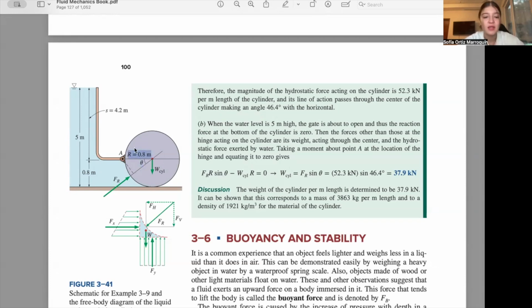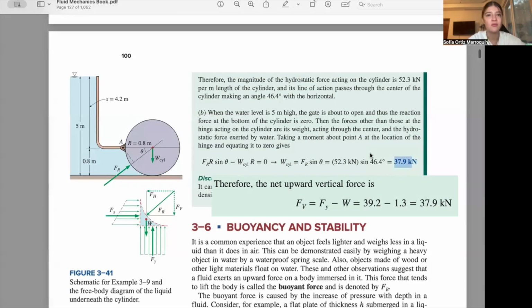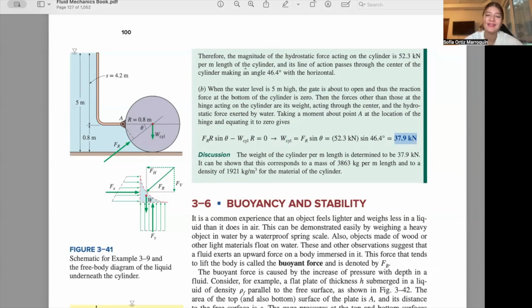By doing this, the r cancels out, and plugging in the different values, we get that the cylinder's weight is 37.9. We can see that this number is exactly the same as the vertical force that was calculated earlier. And this is because this is how the gravity control mechanism works.